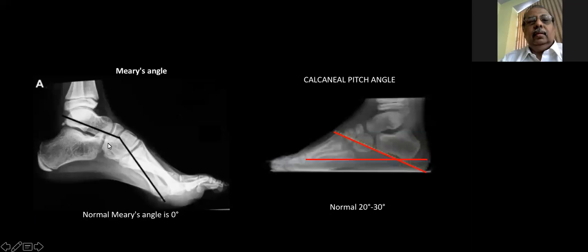Usually it is collinear or the value is 0. In the case of the cavus foot, there will be an angle with the convexity on the dorsal side. In planovalgus, or in a flat foot, it is just the reverse. The calcaneal pitch angle is normally 20 to 30, and it again increases due to dorsiflexion of the calcaneum.